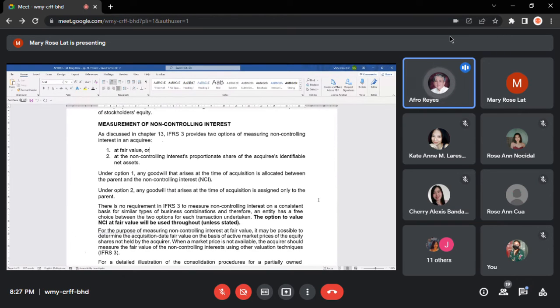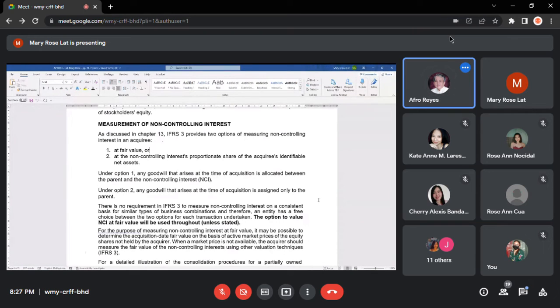Nabanggit ko, dapat both sides, meron silang final statement of financial position. So again, reflected na doon sa acquiree side yung kanyang statement of comprehensive income sa kanyang statement of financial position. Included na yun sa kanyang retained earnings.